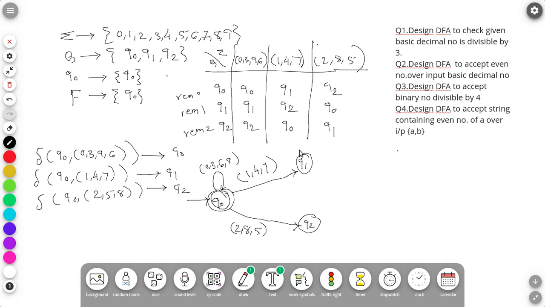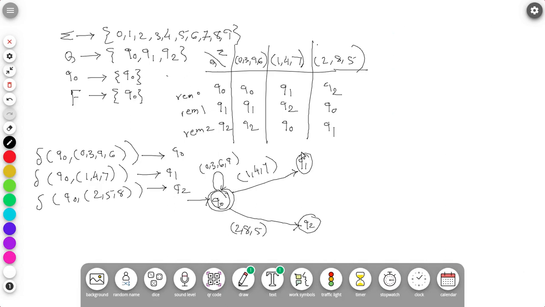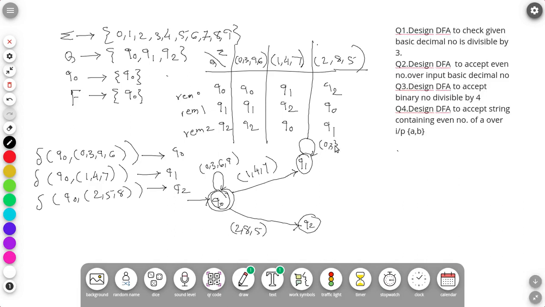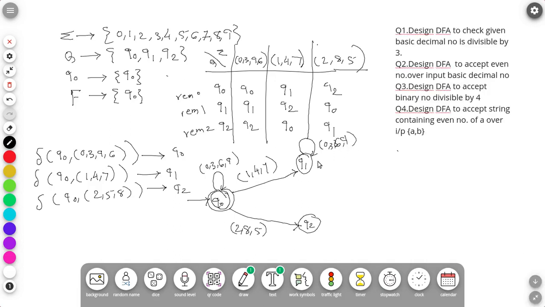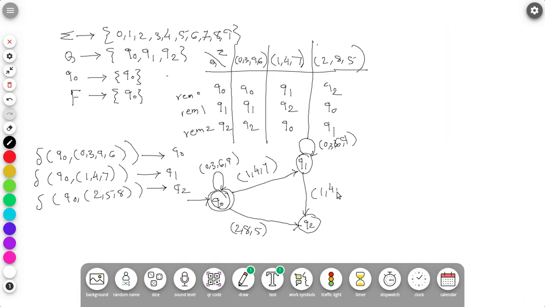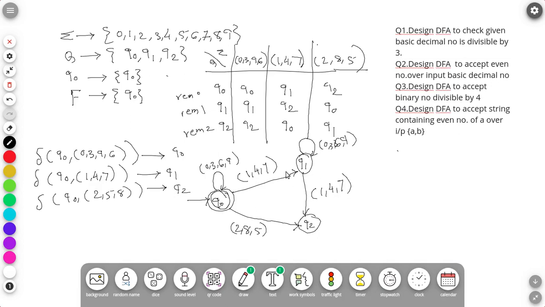Then Q1 with input 0, 3, 6, 9 goes to state Q1. The next, Q1 with input 1, 4, 7 goes to Q2. Then Q1 with input 2, 5, 8 goes to Q0.